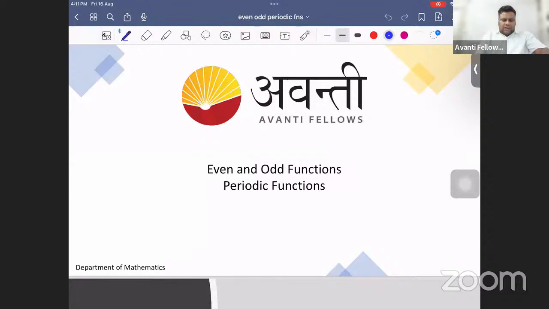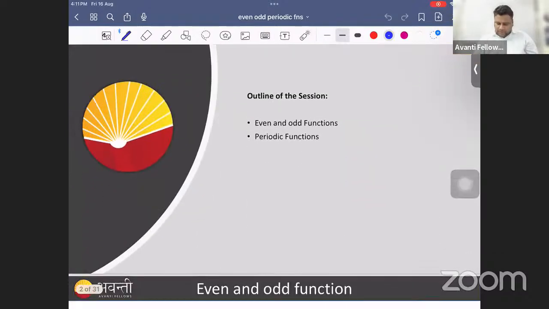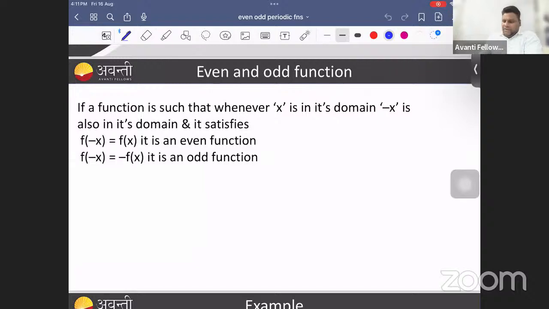So today we will start with even and odd functions. Also, we'll try to cover periodic functions in the same class. So even and odd functions are types of functions. See, if a function satisfies the property that f(x) equals f(-x), meaning you replace x by minus x and that negative sign gets absorbed, then the function is called an even function.